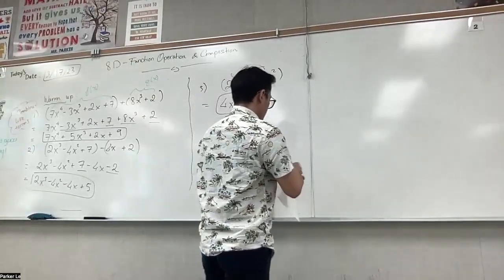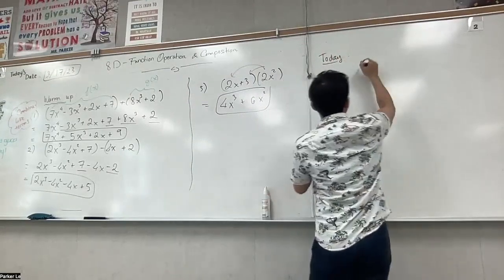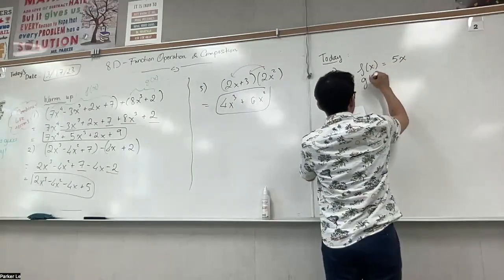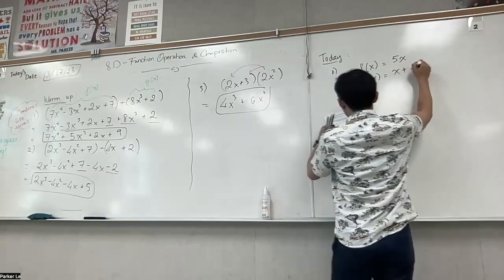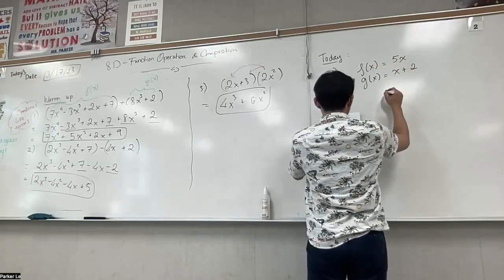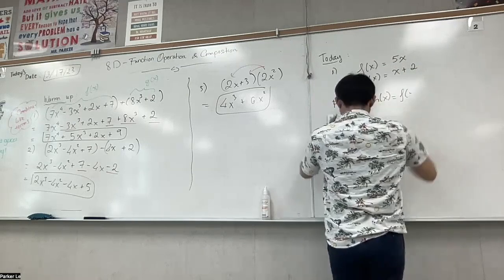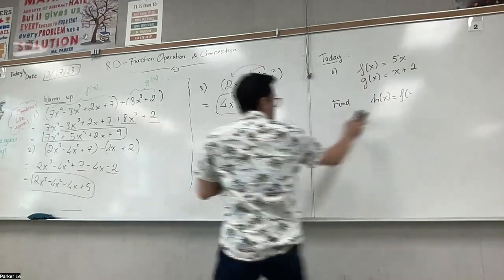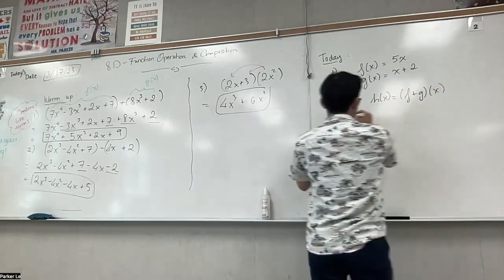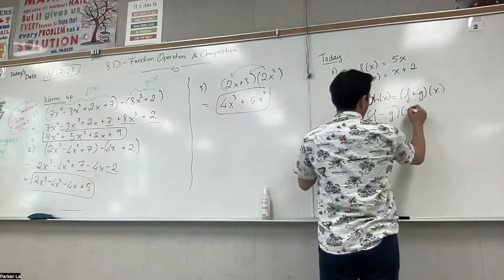Like everything we already did before, but just now we have a name for it. So f of x is 5x, g of x is x plus 2. Now you're gonna find for me what is f plus g of x? f minus g of x?